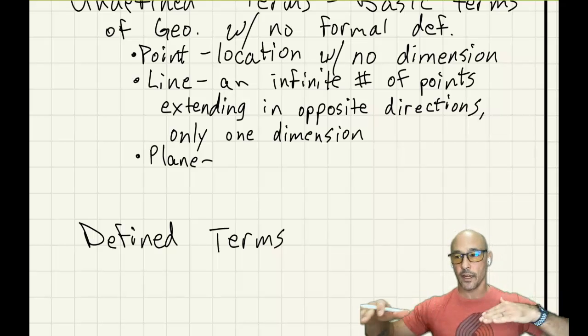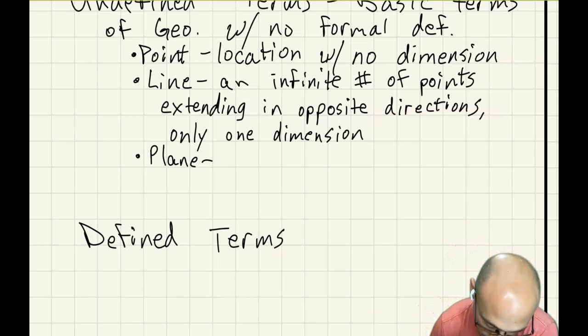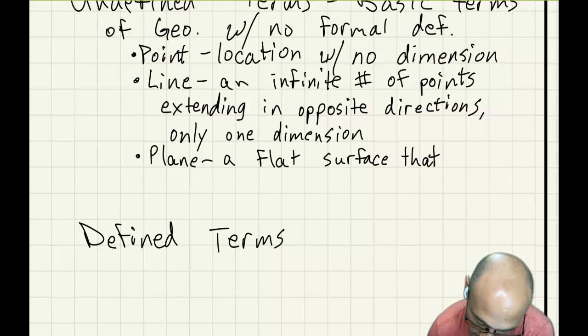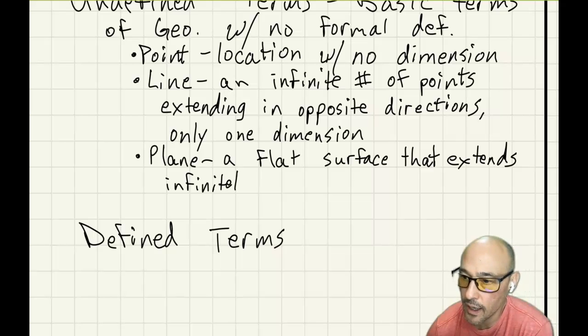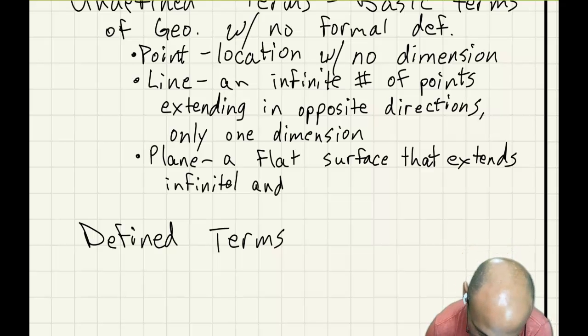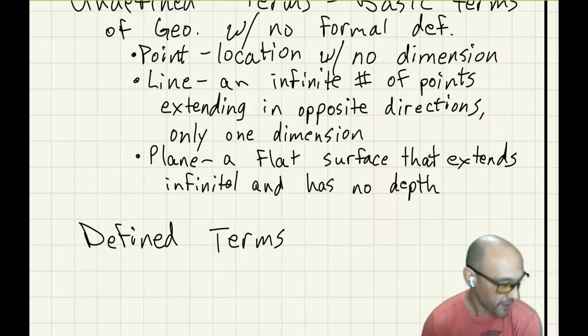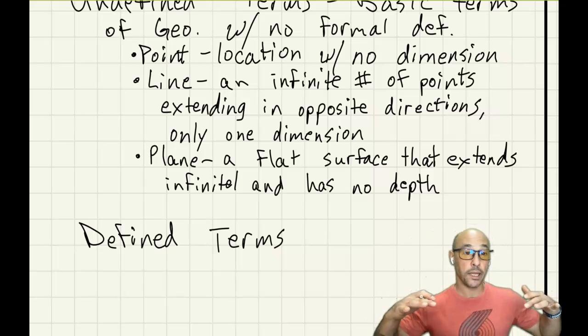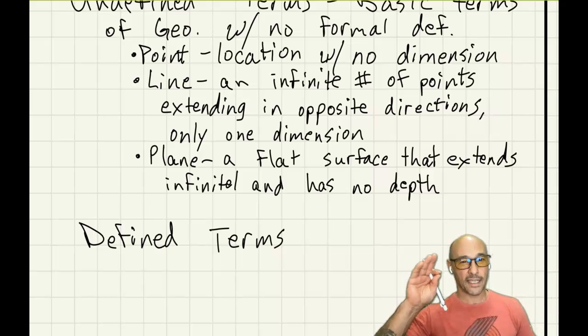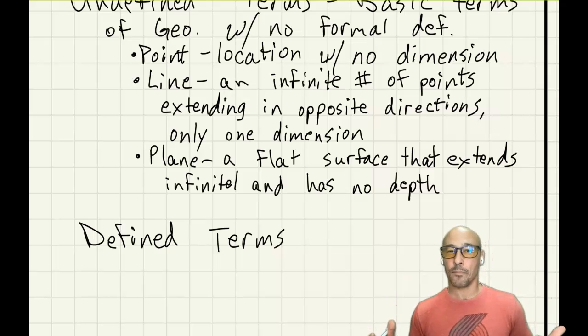It's a flat surface that extends infinitely and has no depth. Lots of people think of a piece of paper as being a plane, but even a piece of paper has some depth. So it's not a plane.